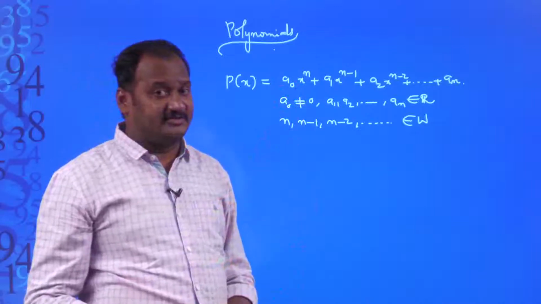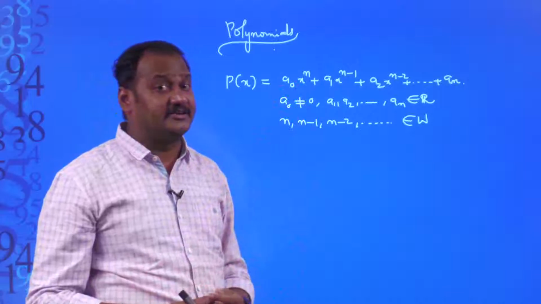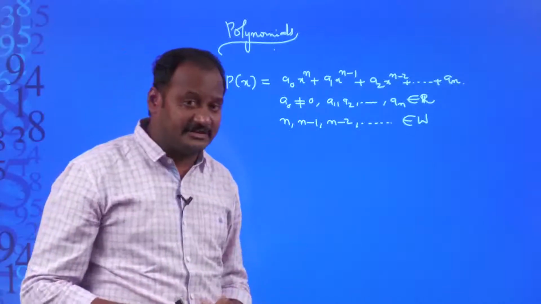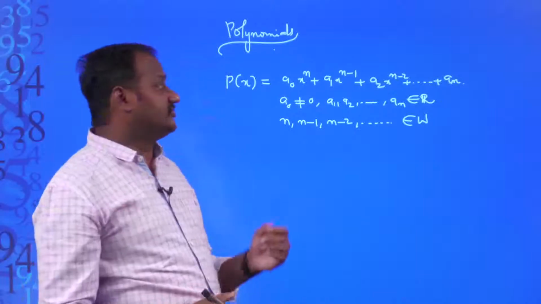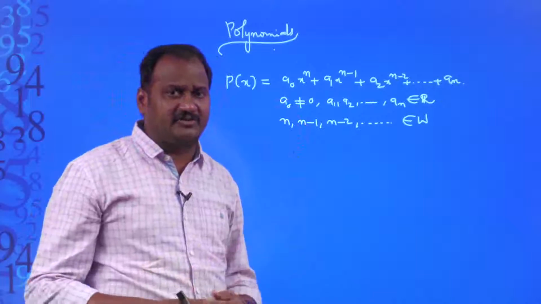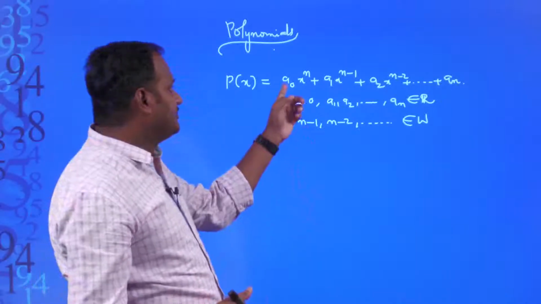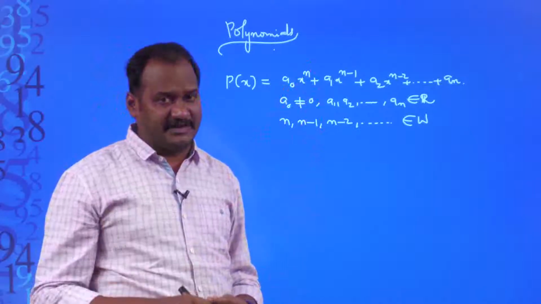Why is a0 not equal to 0, and what do you call that a0? a0 is called the leading coefficient, meaning the coefficient of the highest powered term. So here the leading coefficient is not supposed to be 0. What happens when the leading coefficient is equal to 0? Then 0 into x to the power of n is equal to 0, meaning there is no x to the power of n term.